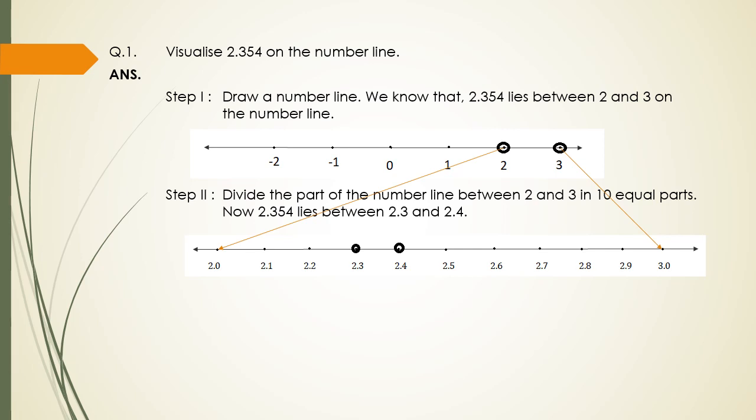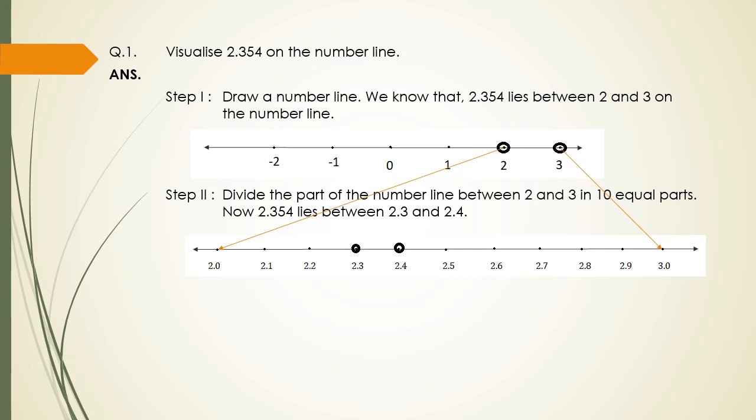Each part will be of 0.1 units. So 2, 2.1, 2.2, 2.3, 2.4, 2.5, and so on up to 3.0. So this we have magnified. We have magnified the interval from 2 to 3, and divided that part into 10 equal parts.